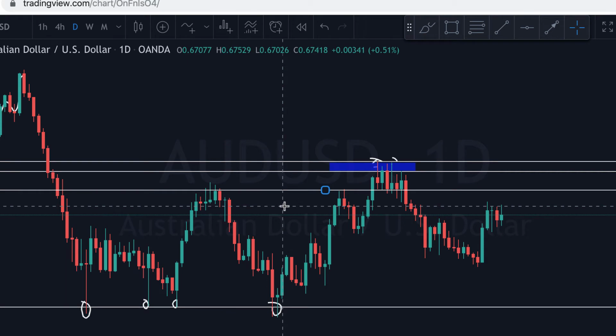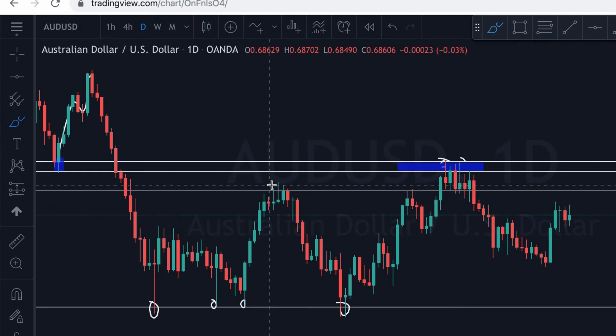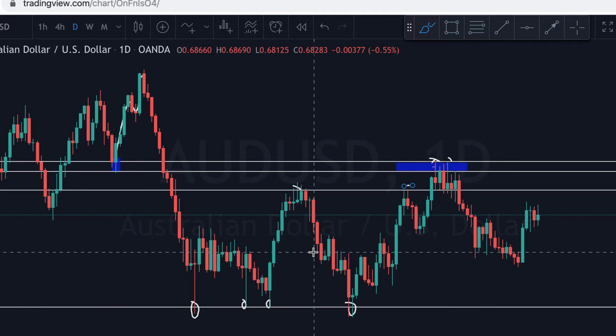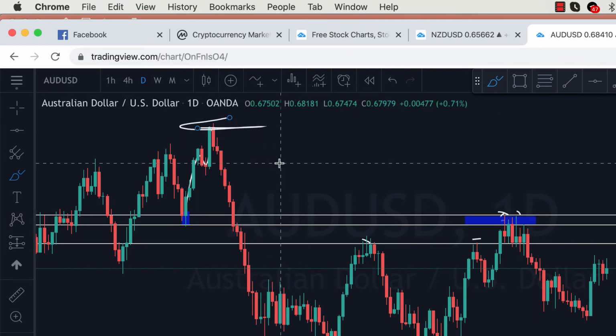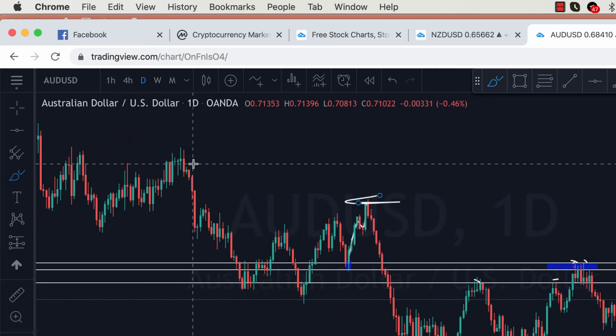Okay. Now, why is this considered a good level? Because we have multiple touch points again. We have two, right? So we want to have at least two or more. Of course, you can also have all-time highs and all-time lows. That's another thing. For example, look at this one here. This looked like an all-time high in this time frame. Of course, if you go back, this says higher too.